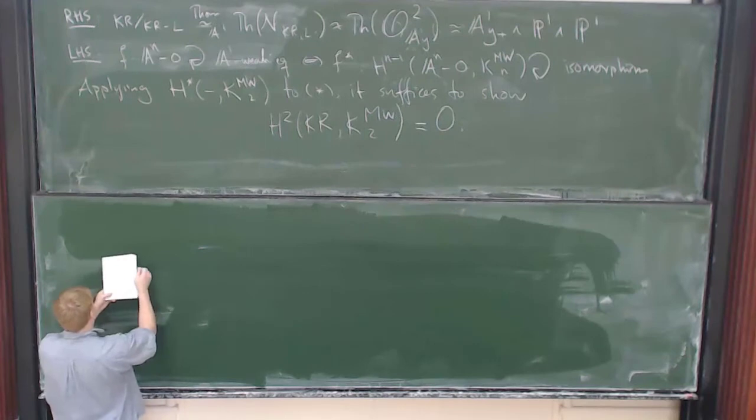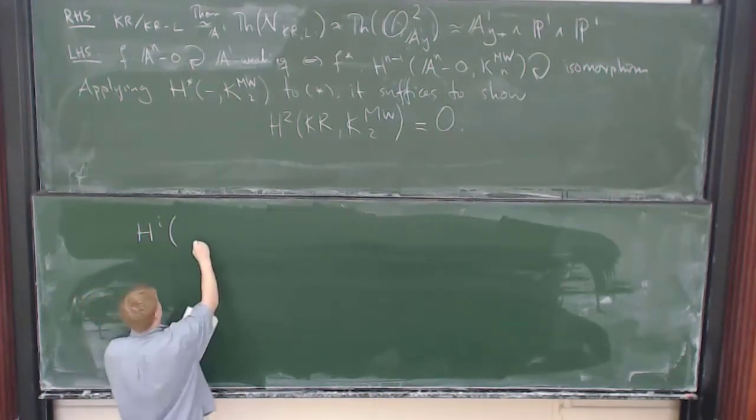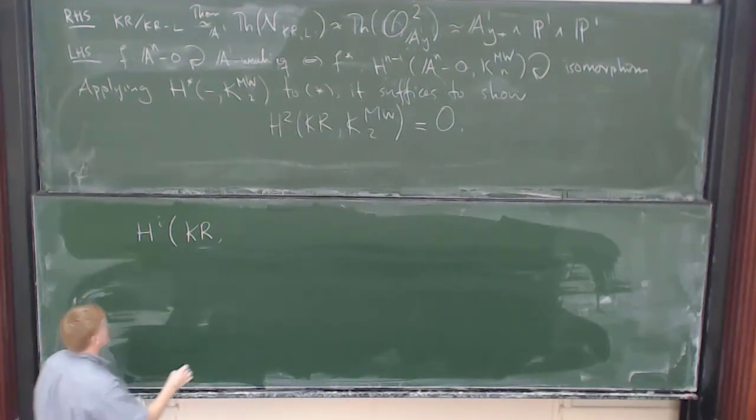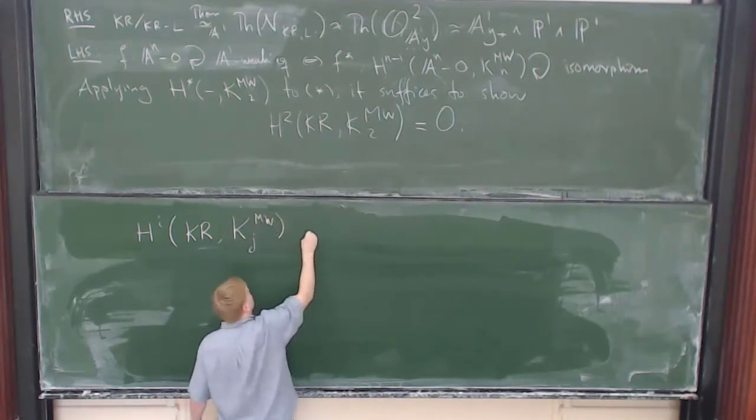We have the projective bundle theorem saying that H^i, well, let's just write it out for K_r, coefficients in this Milnor-Witt K-theory sheaf.